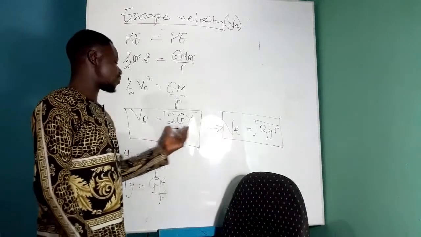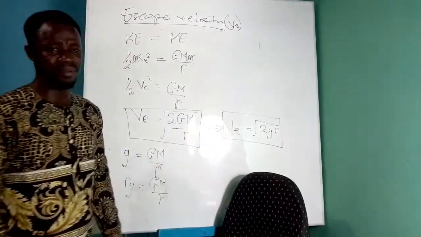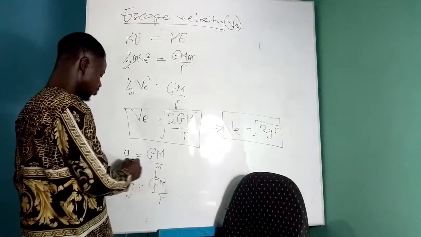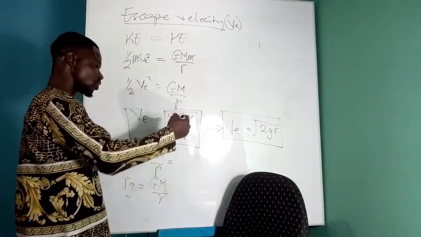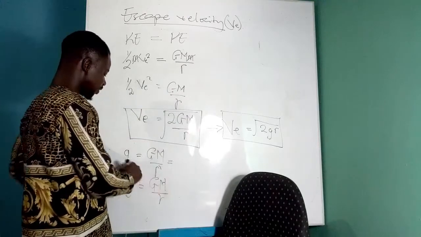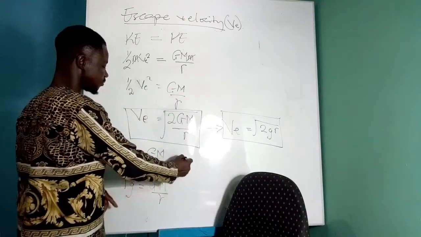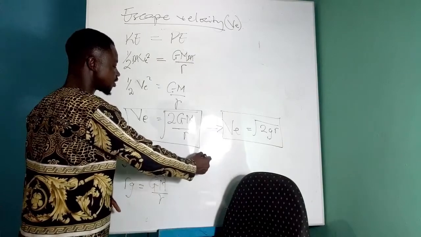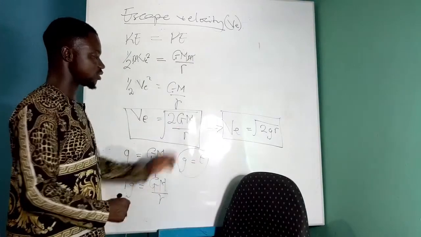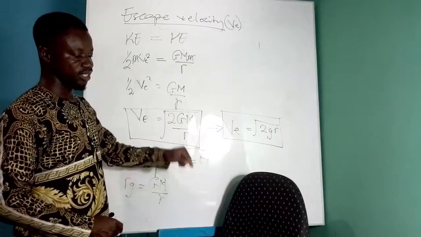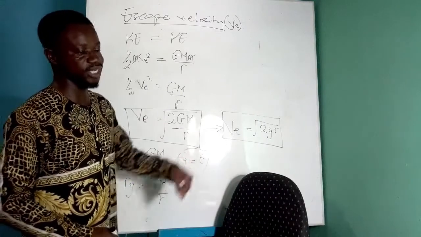So we can use this formula or we can use this formula. Remember that we saw in the previous episode that the acceleration due to gravity g at a point is equal to the gravitational field intensity at that point.